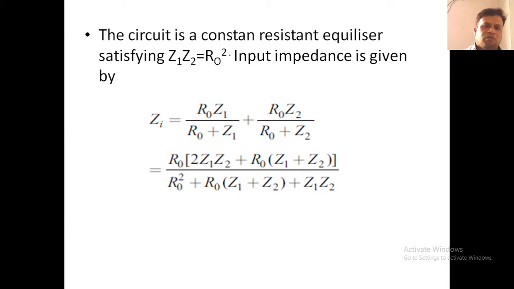After simplification, it is R0 into (2Z1 Z2 plus R0 into (Z1 plus Z2)) by (R0 square plus R0 into (Z1 plus Z2) plus Z1 Z2). That is called the input impedance. It holds when Z1 Z2 is equal to R0 square.